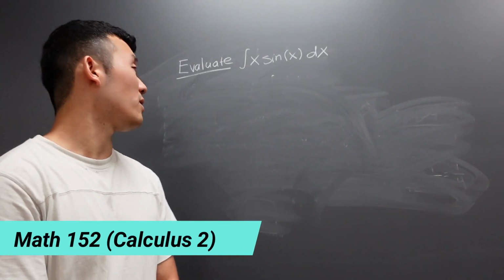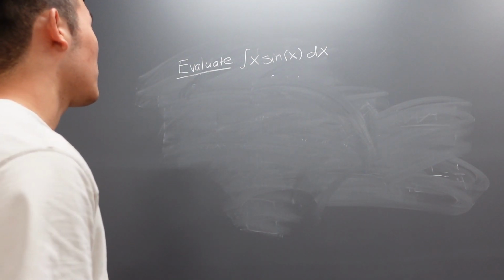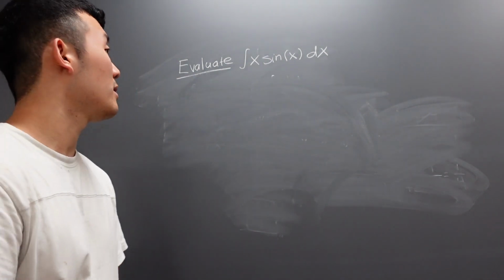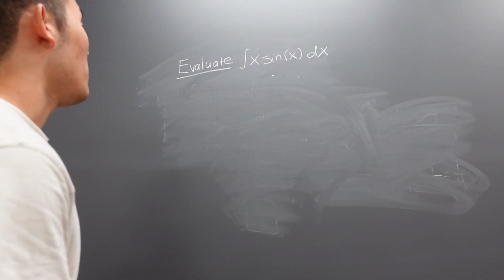So in this next problem here, we're trying to evaluate the integral of x times sine of x dx. And this is a problem I remembered from my calculus 2 class. And I would use this method called integration by parts.